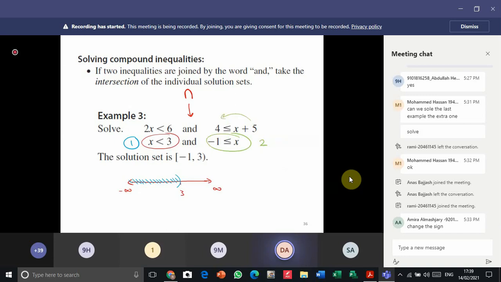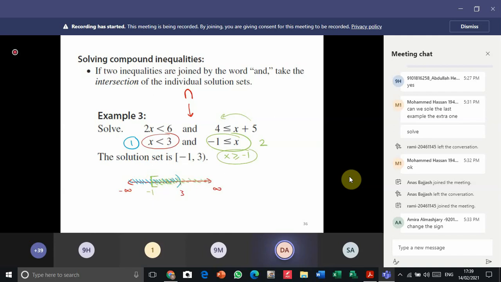Move the 5 to the other side, we have negative 5. So x greater than or equal to negative 1. Where is negative 1? For example, here is negative 1, we have it closed, and x greater than, so we need this one.